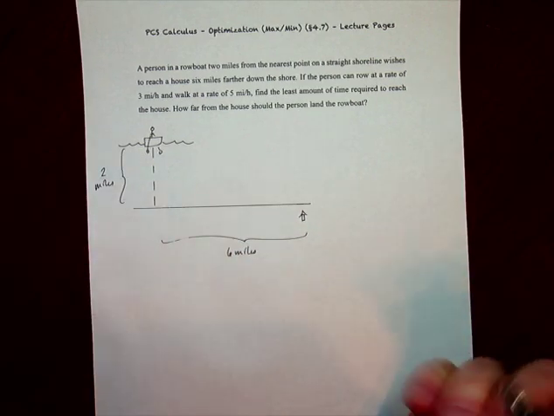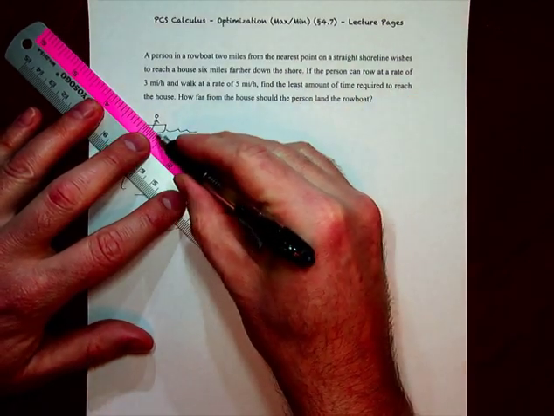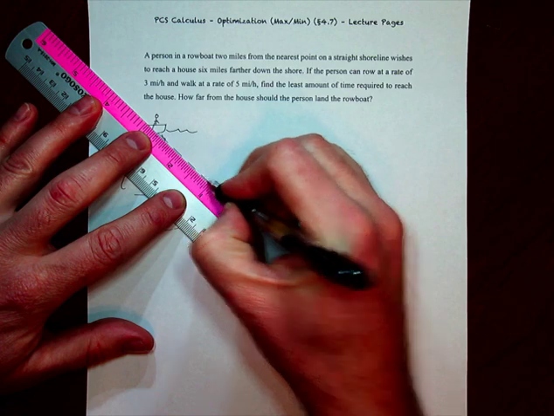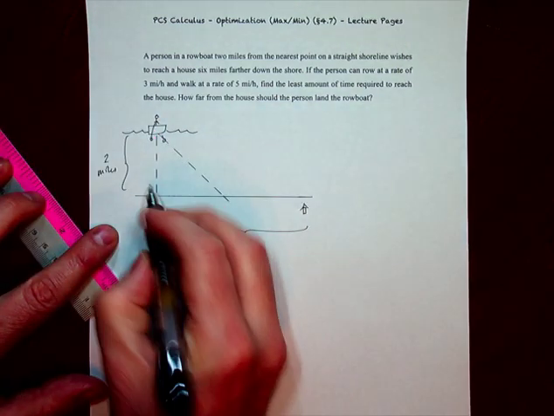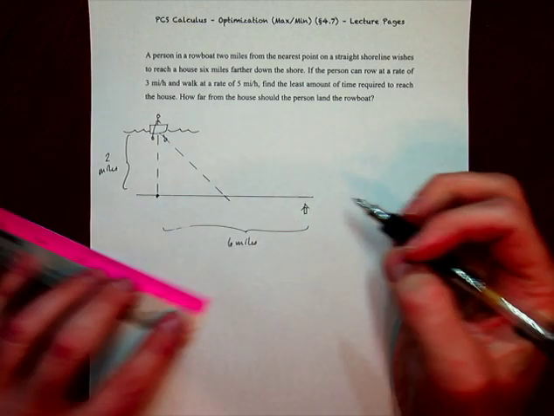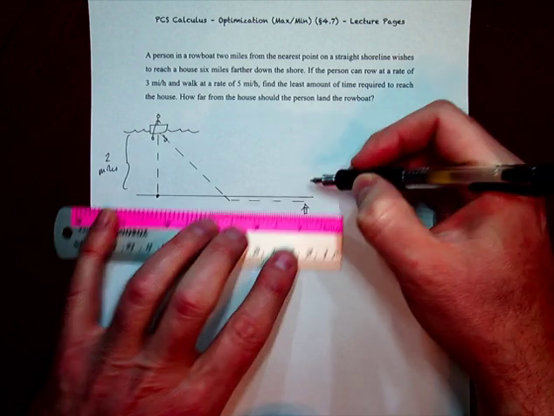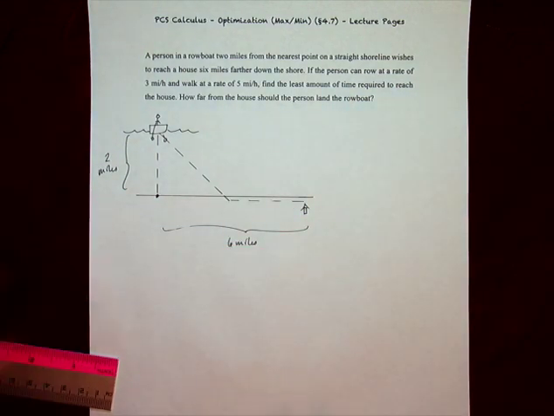And the idea is that he's probably going to be aiming somewhere in between this point right here where he's straight, this point on shore that's perpendicular to where he is, and going all the way home in the boat. And we need to designate which is which.